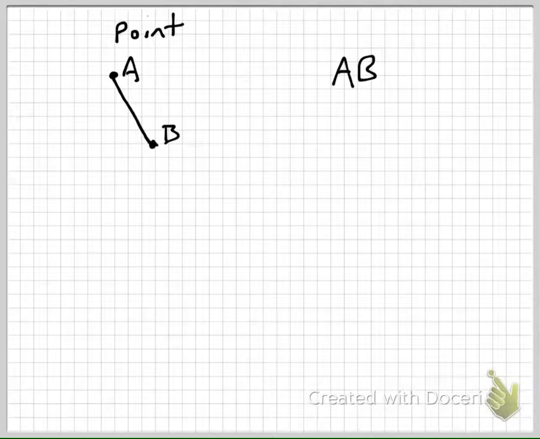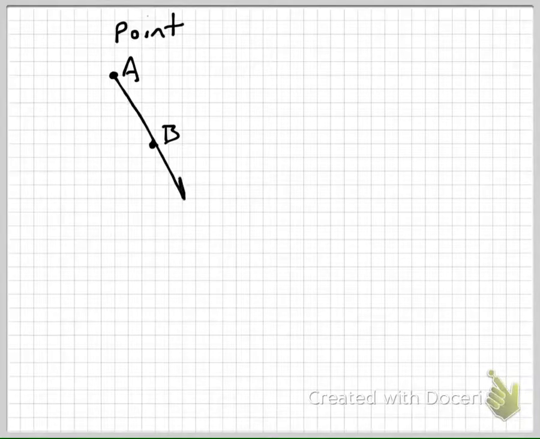Okay. What happens if I have this? It starts at one of the points and goes through another point. Here, this is important. This is called a ray, like a ray of light, right? A ray goes one direction. Here's how it works.